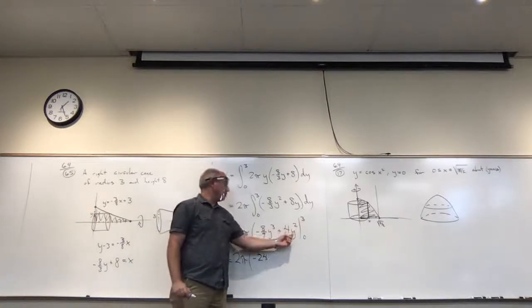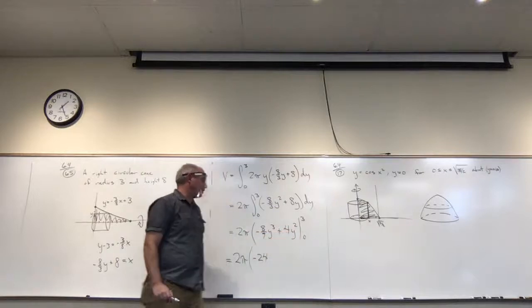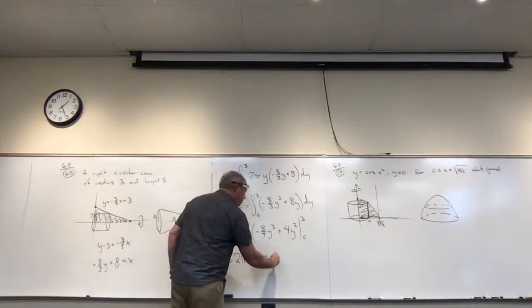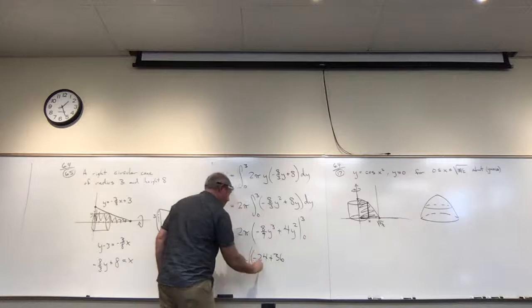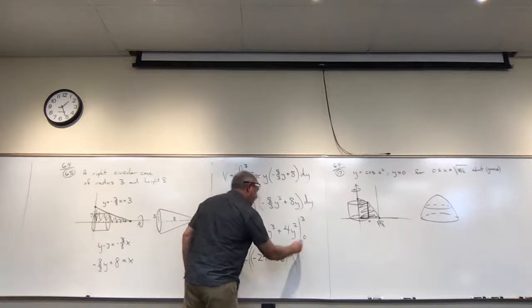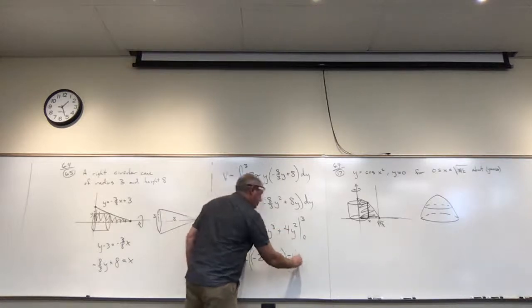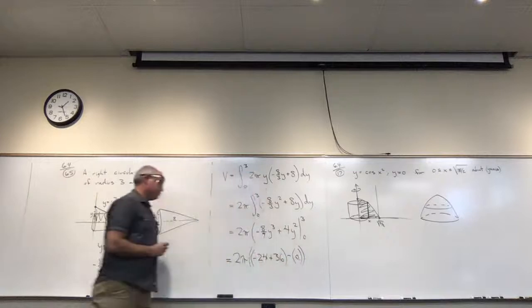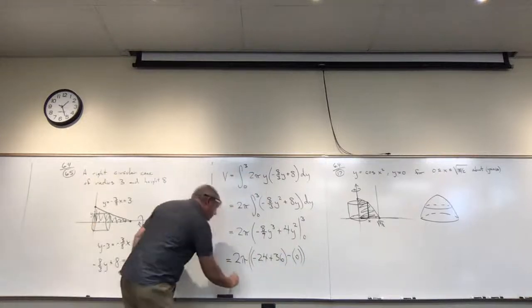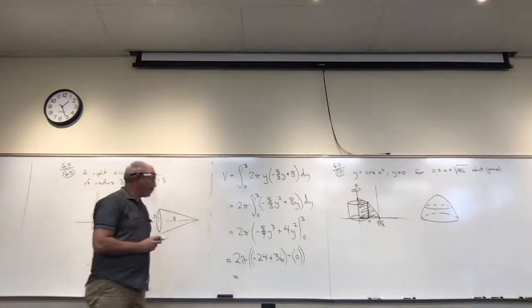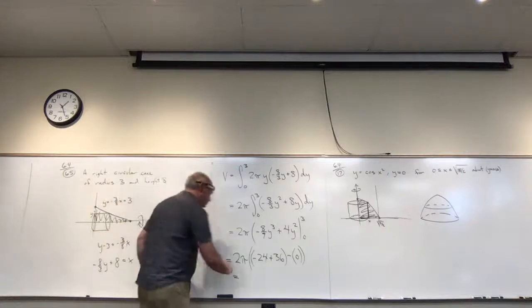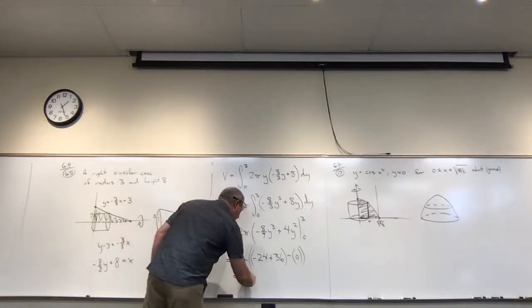And then 3 squared is 9 times 4 is 36. Minus, and then plug in 0, and I get 0 and 0. Okay, 36 minus 24 is 12, times 2 is 24 pi.